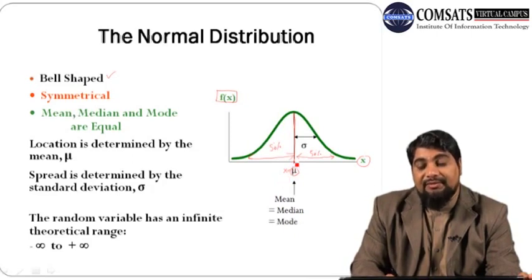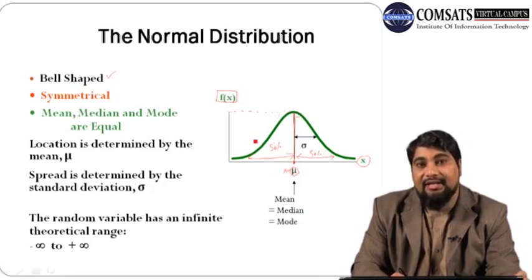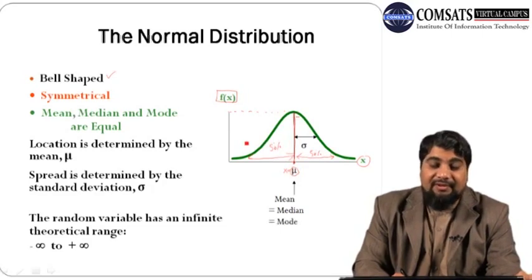So whenever x is equal to its mean, we get the highest probability of this normal distribution.